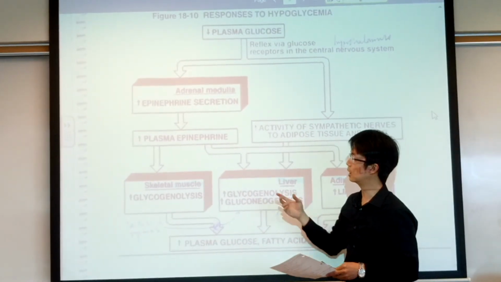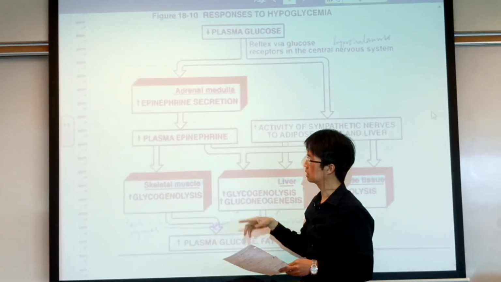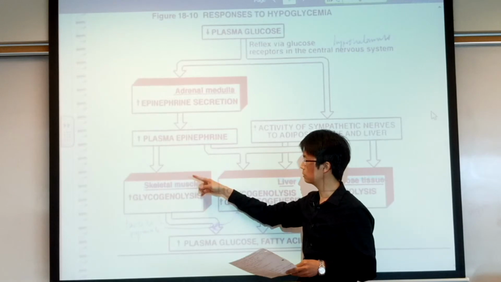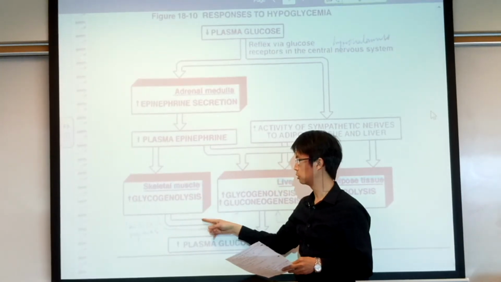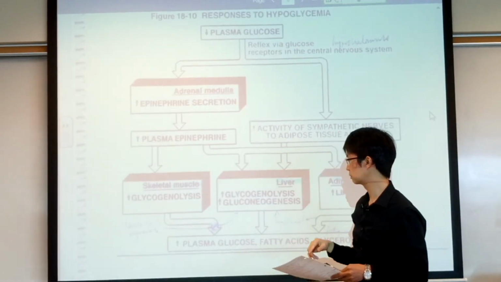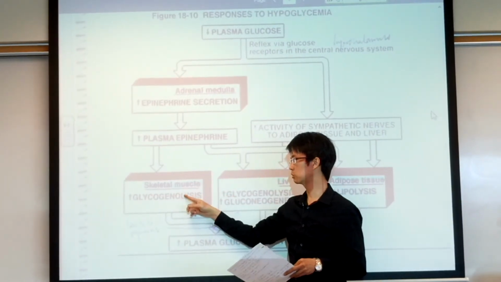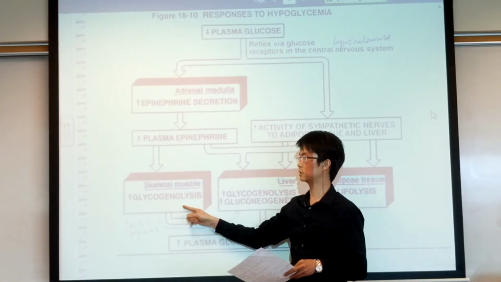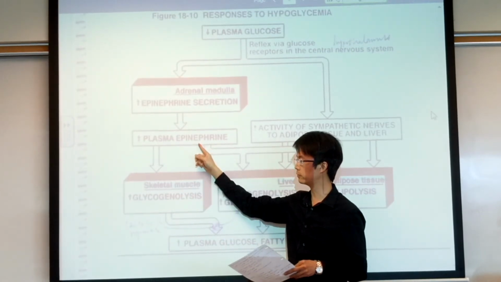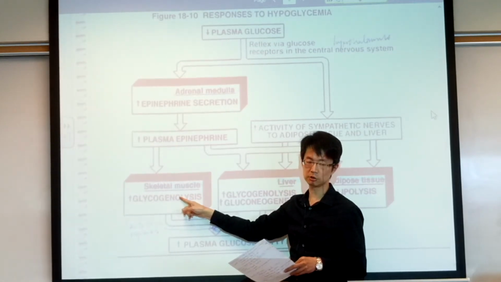So the adrenal medulla will secrete epinephrine, or you may call it adrenaline. Epinephrine will tell the skeletal muscle to increase glycogenolysis. So you can see that epinephrine can break down glycogen in the skeletal muscle.